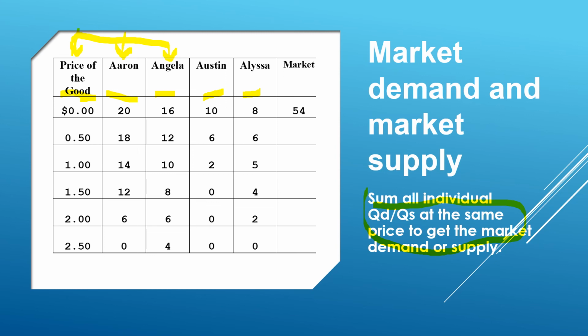So in this example, it is the market demand. So how do I get 54? I add all of the individuals' quantity demanded together, and that will give us 54. So all you need to do is to add the rest of them horizontally. Eventually you will get the market demand.